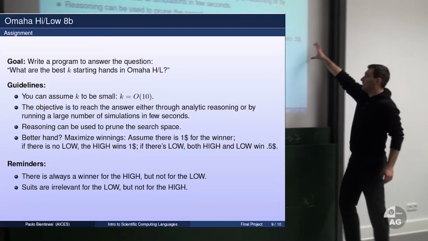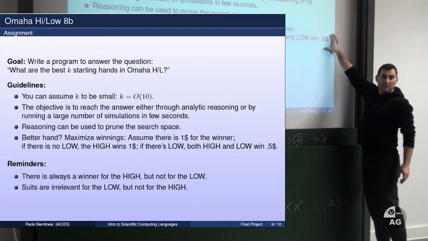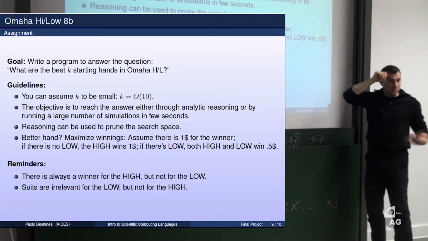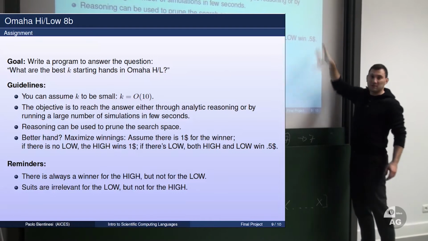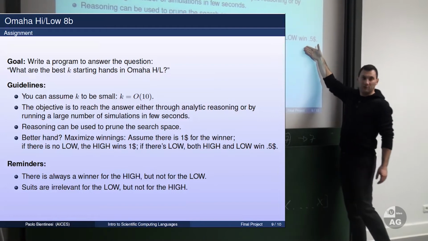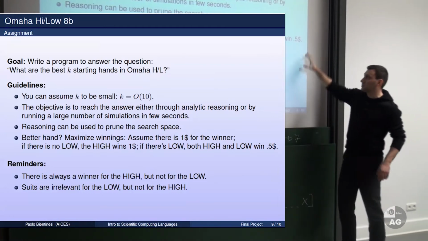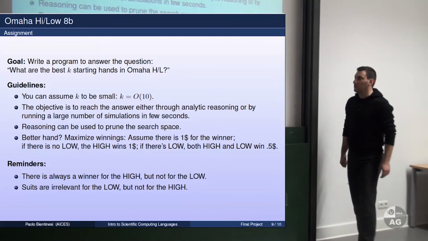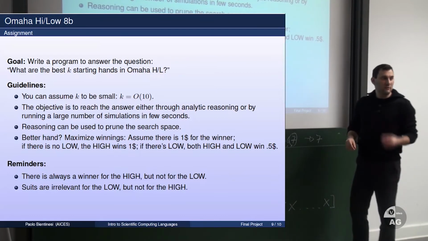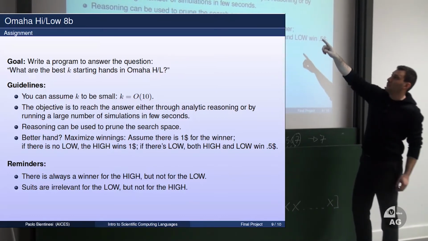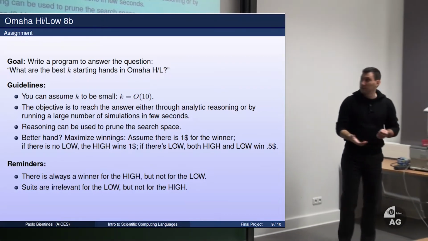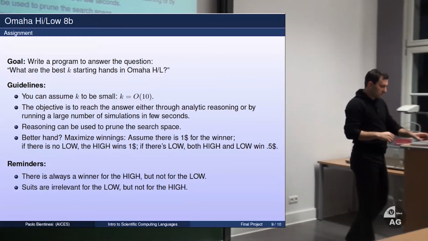When I explain this, I'm not telling you to follow this idea to simulate. This is just to explain what a better hand means. If you want, you can follow this route, but it is not a constraint. I want to look at the best hand assuming that you're competing only against one opponent. So let's make this easy.